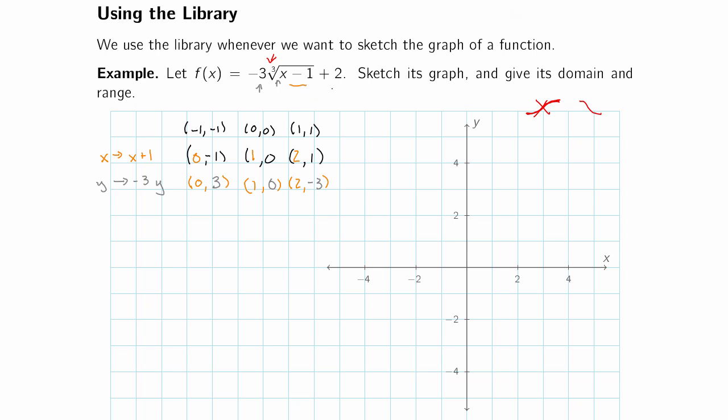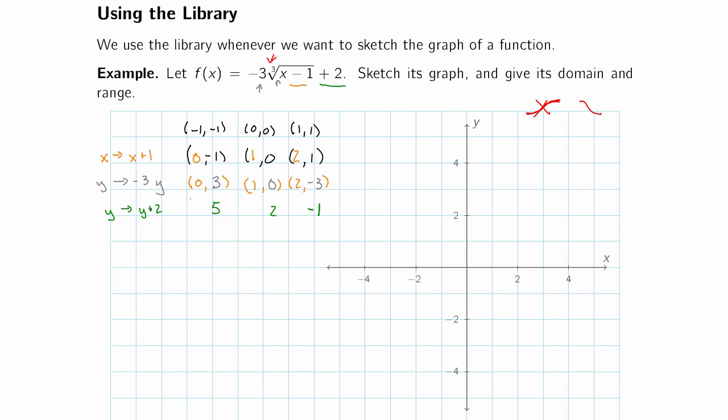And then our final transformation, we have this +2 outside the cube root function. And so our y coordinate is going to be replaced by the number that's 2 more than that. So 3 plus 2 is 5. 0 plus 2 is 2. -3 plus 2 is -1.